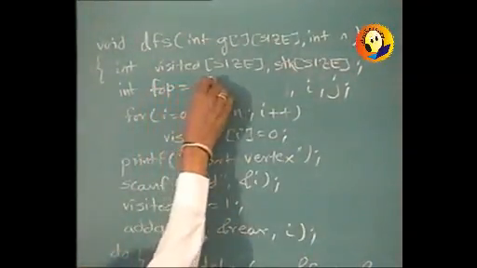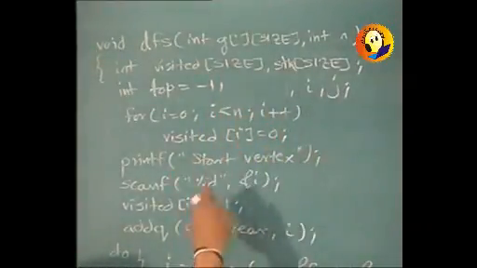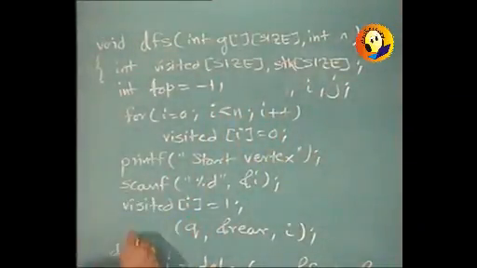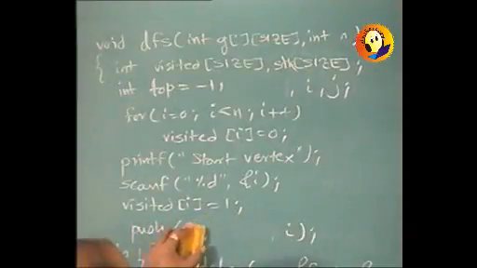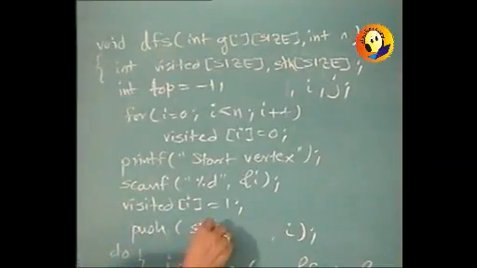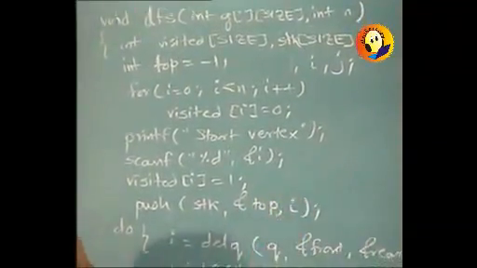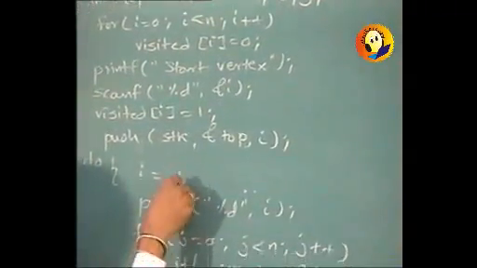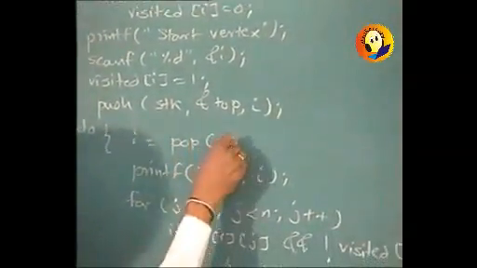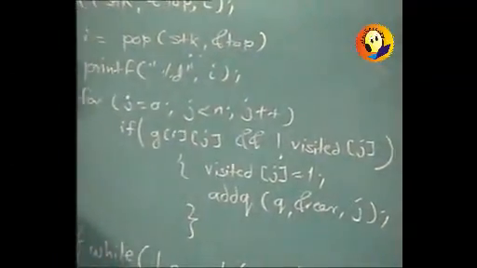Top equal to -1, comma. All this is the same. Instead of add Q, it will be push: stk, comma, top, comma, I. Instead of del Q, it will be pop: stk, comma and top.